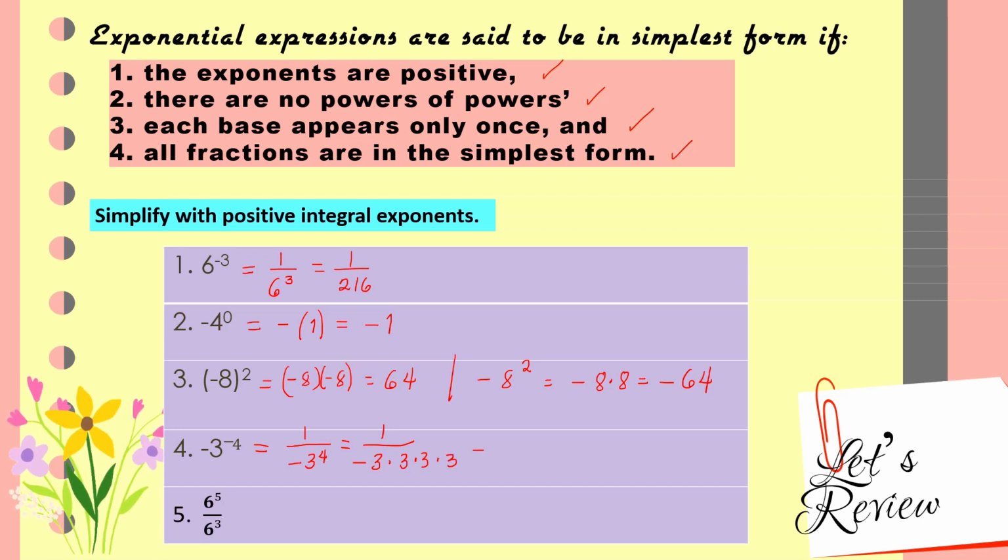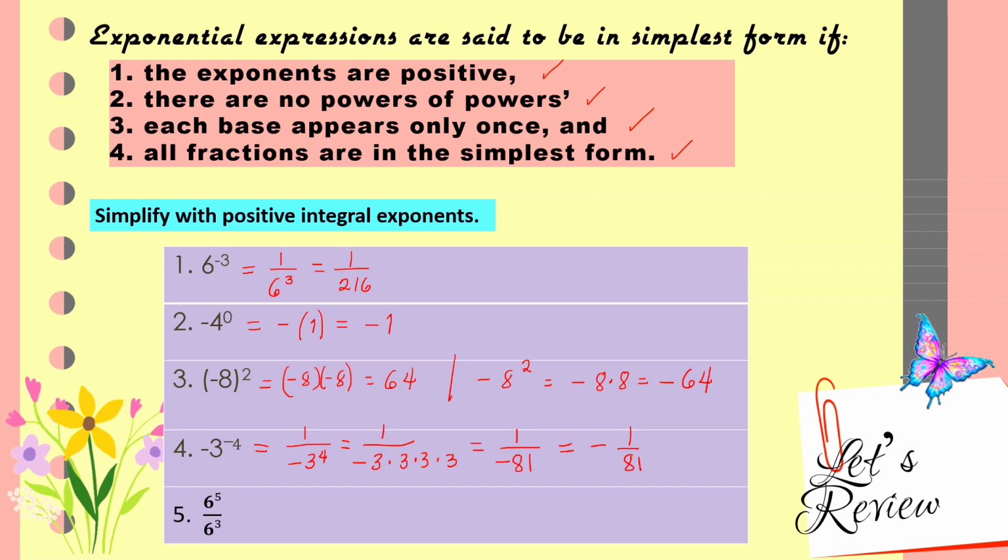So, this is equivalent to 1 over 3 times 3, 9 times 3, 27 times 3 is 81. But you have a negative sign here, so copy the negative sign, or this is the same as negative 1 over 81. Parehas lang yan, dalawang yan.